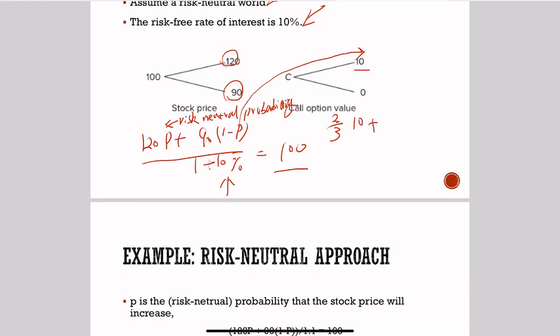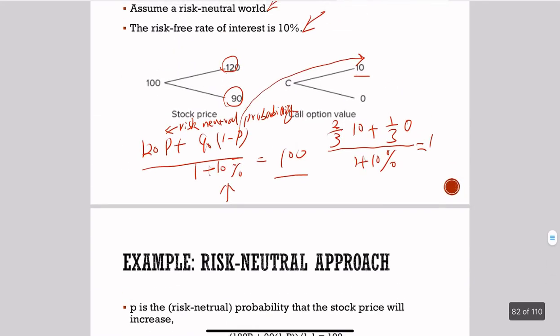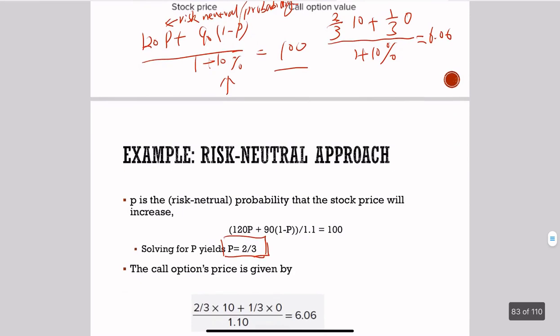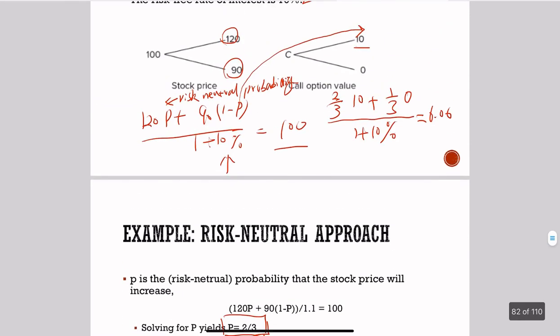And with probability 1/3, the share price would be 90, and the call payoff would be 0. So again, we would discount this using the risk-free rate. So this gives us 6.06. This is the exact number we got from using binomial models. And you can see that this is really simple, right? The math here is really like kindergarten math.